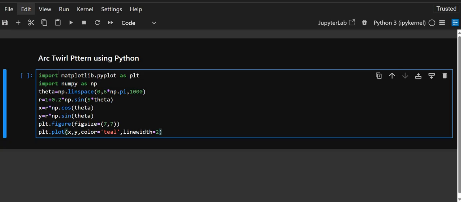This creates a new figure with a square aspect ratio of 7 by 7 inches, and plt.plot plots the spiral defined by the x and y values with a teal color and a line width of 2. This creates the main spiral pattern.